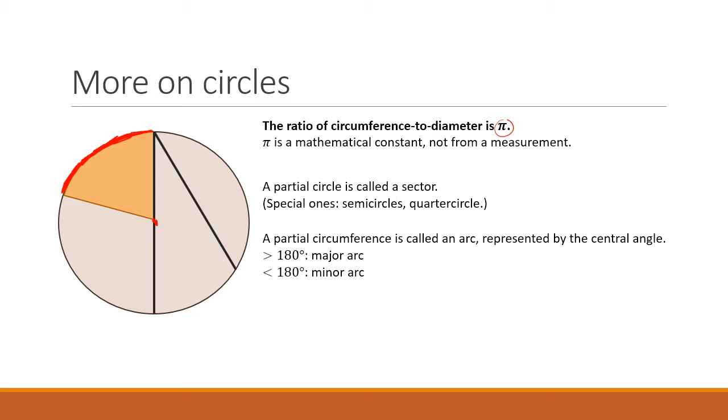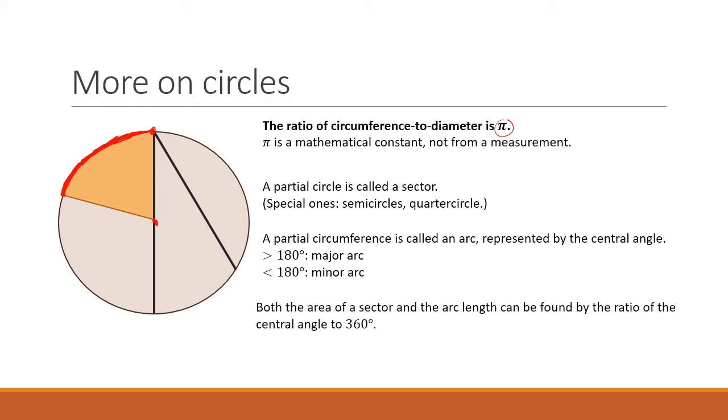And whenever you have an arc, if I just look at 2 points, I always get a pair of arcs. The arc that is greater than 180 degrees is called major arc. An arc that is less than 180 degrees is called minor arc. And arcs are represented by the central angle.